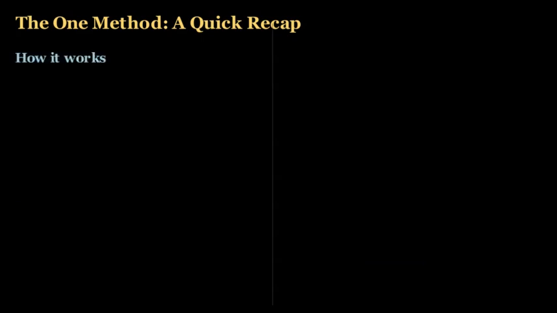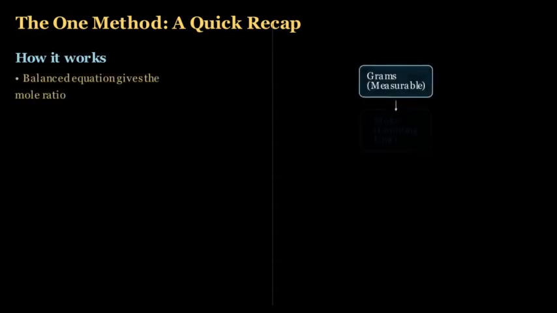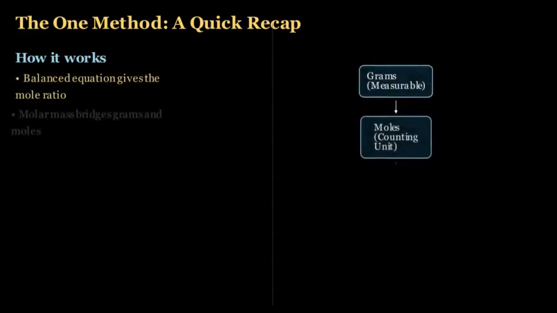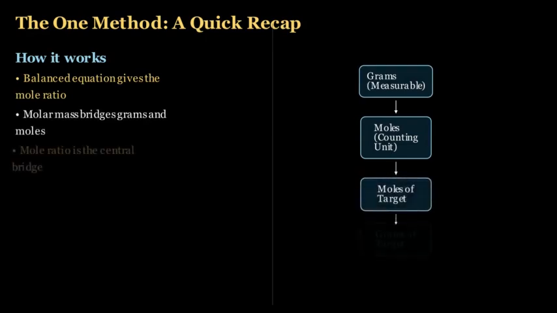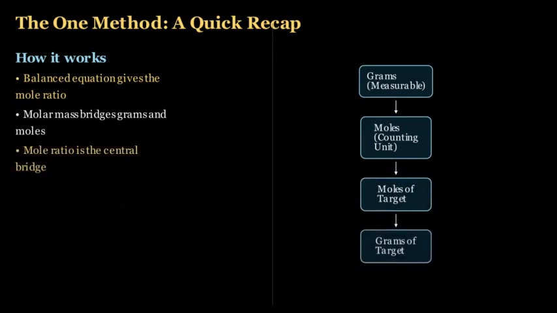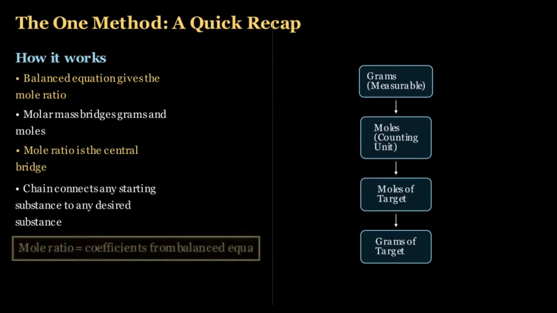That's it, 3 conversions, 1 ratio, and you're done. Here's how the chain works, step by step. The balanced equation is your starting point. It tells you the exact mole ratio between any two substances in the reaction. Think of molar mass as a bridge that converts between the world of grams, which we can measure, and the world of moles, which is the chemist's counting unit.